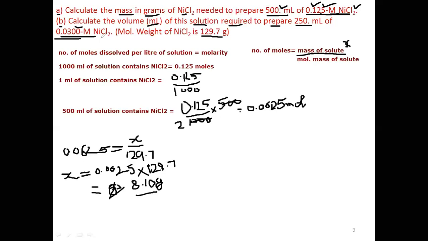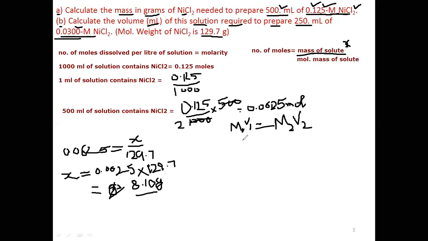So in order to solve such numericals in which we have to prepare a dilute solution from a concentrated solution, we apply a dilution formula, M1 V1 is equal to M2 V2, where M is molarity and V is volume.